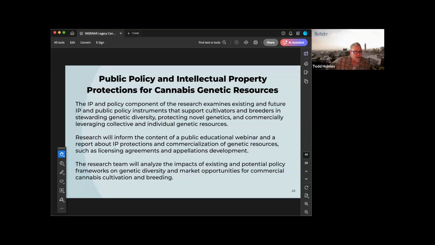Research will inform content of a public educational webinar, as well as a report about IP protections and commercialization of genetic resources, such as licensing agreements and appellation development. The research team will also analyze the impacts of existing and potential policy frameworks on genetic diversity and the market opportunities for commercial cannabis cultivation and breeding.